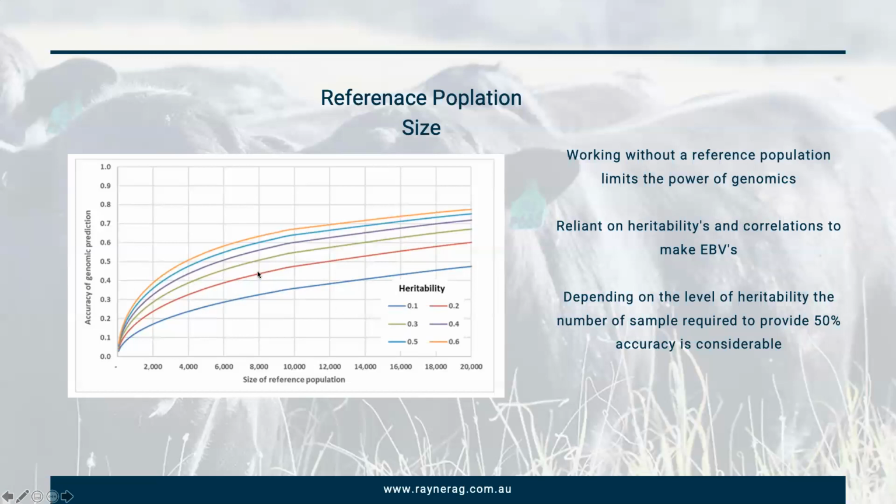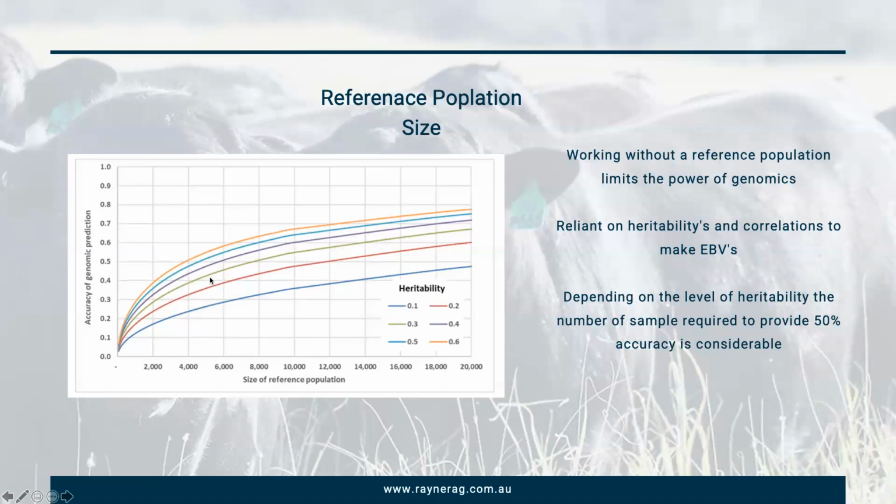To give ourselves a 50% accuracy, we're going to need to start genetically testing at least 8,000 animals without measurement to give ourselves enough capacity to be reasonably accurate in terms of what we're doing. So you need to have a fairly big reference population to be able to give yourselves confidence to know how accurate your predictions are based on the samples that you've taken. Small sample sizes in this 2 to 4,000 range are not going to create an awful lot of accuracy, particularly for some of those lowly heritable traits.